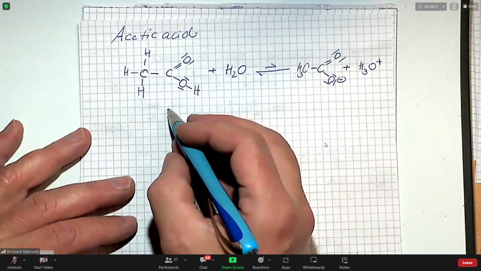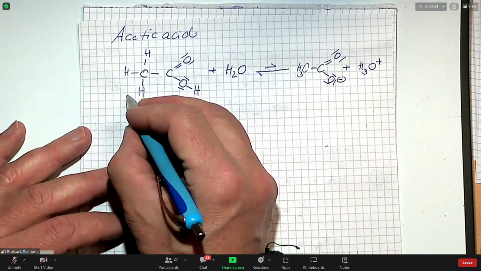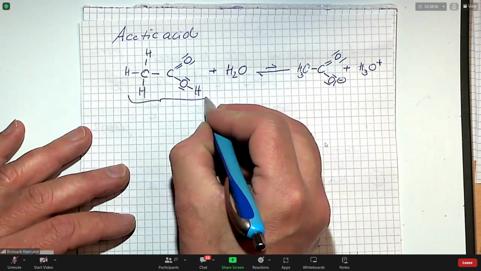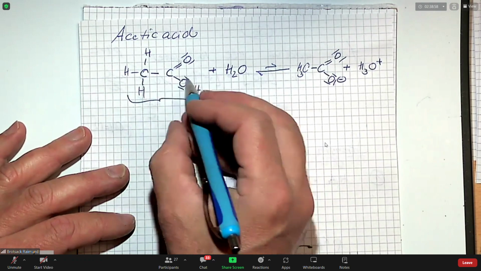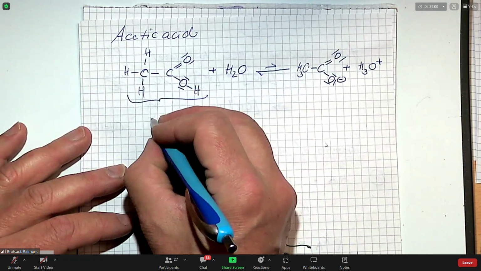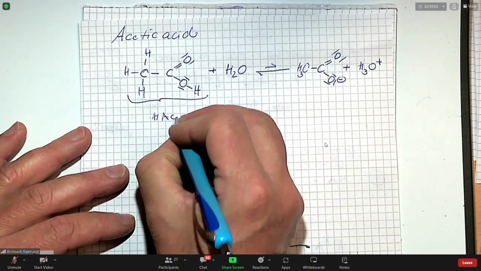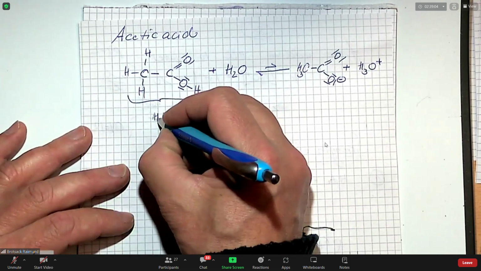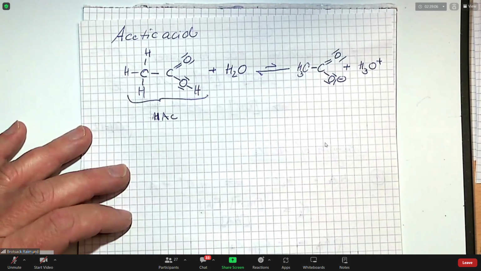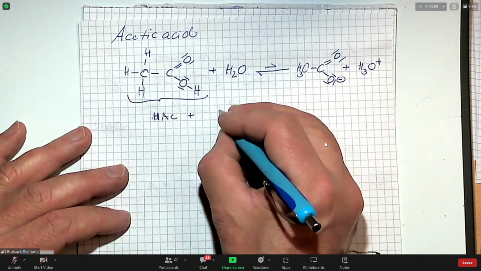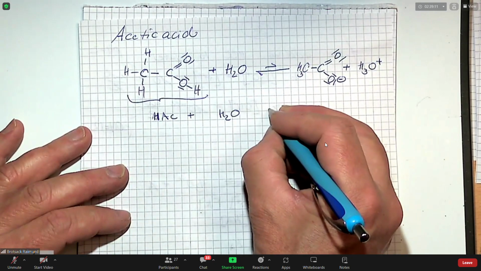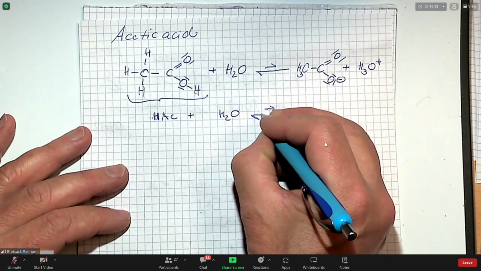We can even write it short, where we say that HAc is the acetic acid, Ac minus the acetic anion. HAc is the acetic acid plus water. And we know it is not very strong.